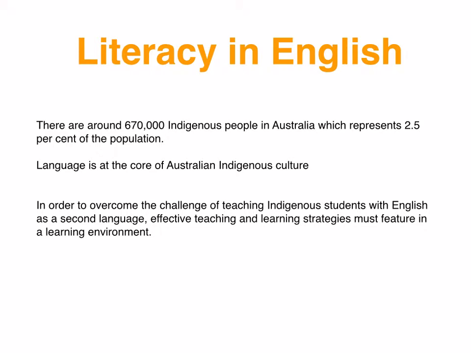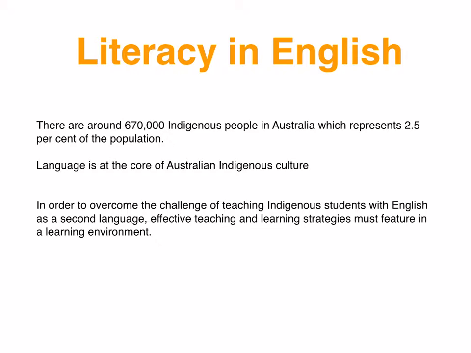So yeah, Aboriginal history and culture is rich and diverse. There's around 670,000 Indigenous people in Australia, which represents 2.5% of the population. Language is at the core of Australian Indigenous culture.